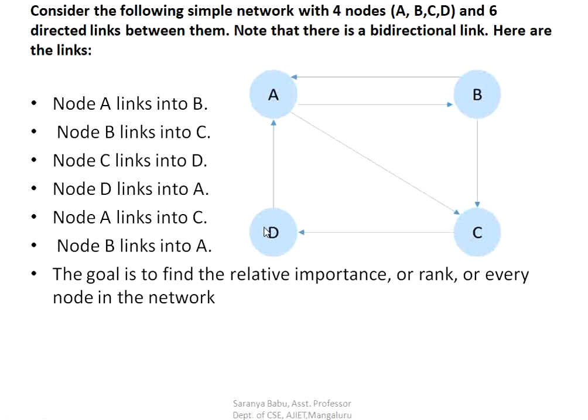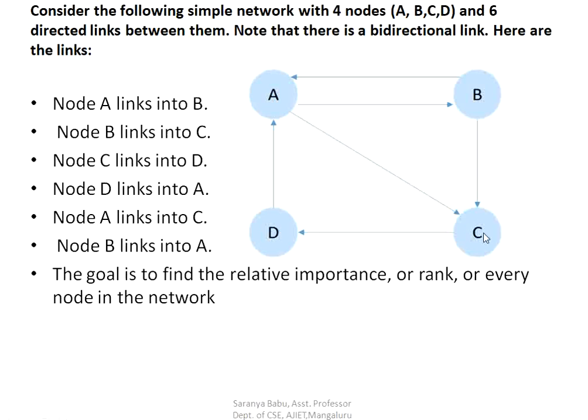What about node D? There is only one outbound link to node A. So node A gets all the influence of node D. Complete influence of node D will be received by A because there is only one outbound link to node A. Correct? So what about node C? Node C also has only one outbound link, right?